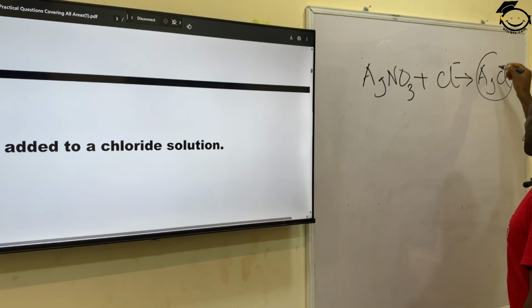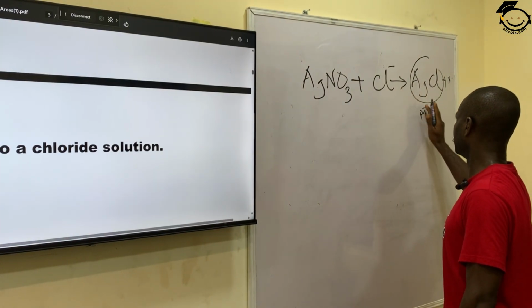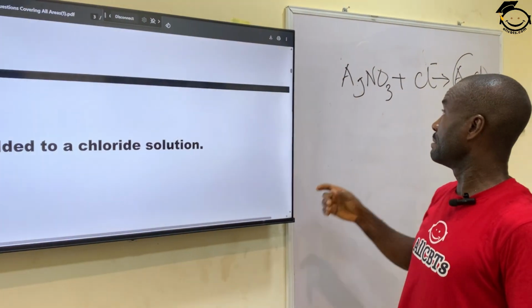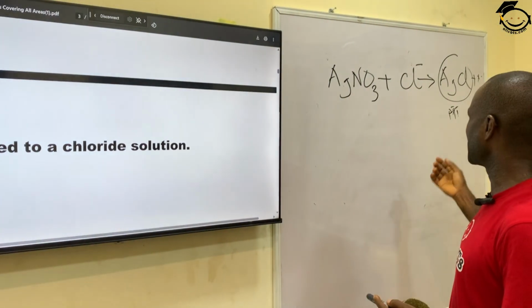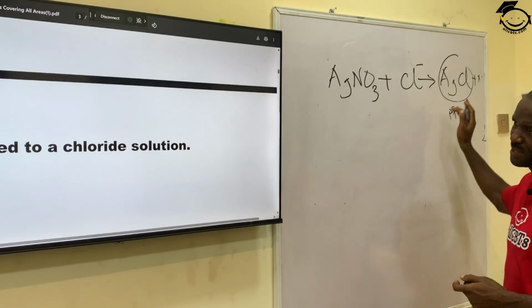So this forms the precipitate. So when silver nitrate is added to a chloride solution, you see a white precipitate because of the formation of silver chloride. Silver chloride forms the precipitate in that solution.